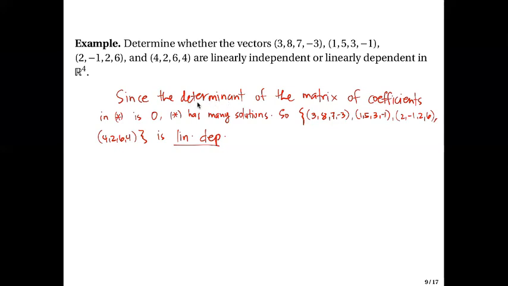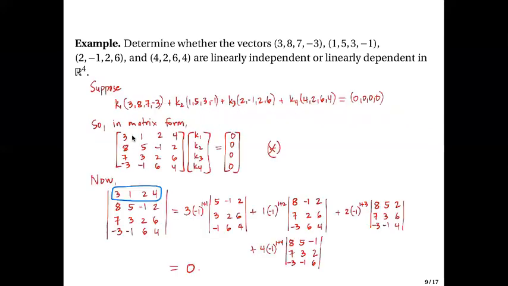The determinant of this matrix here is equal to 0. Then this equation here has infinitely many solutions. We were using that theorem from chapter 2 or chapter 1. Okay. Thank you.